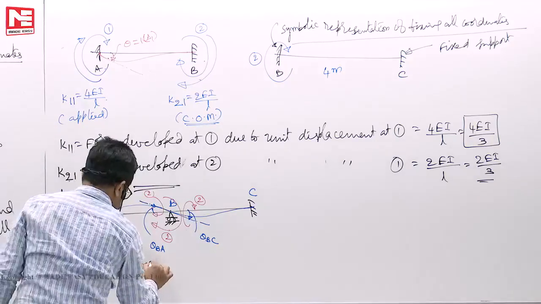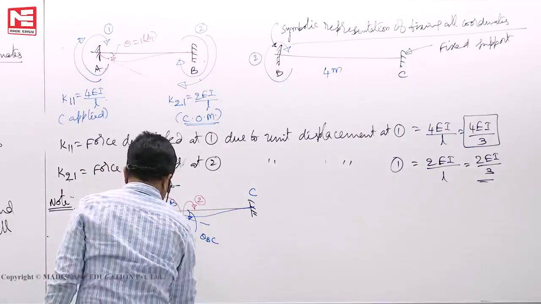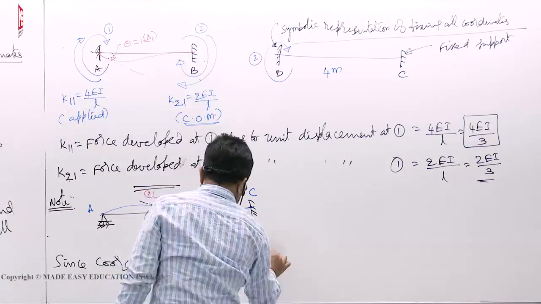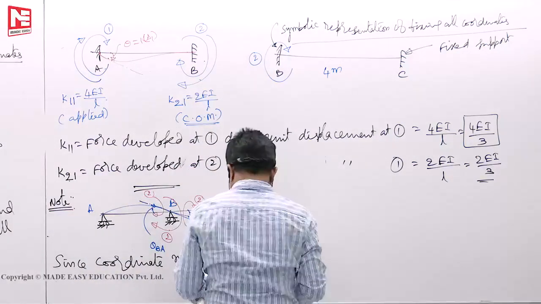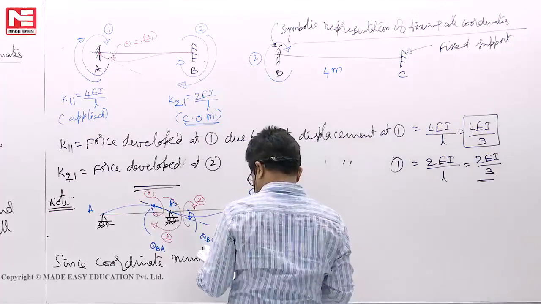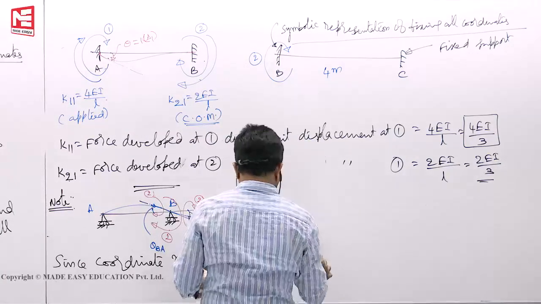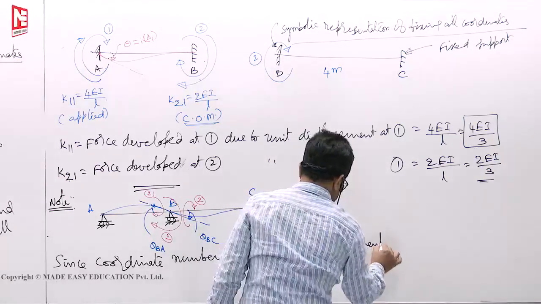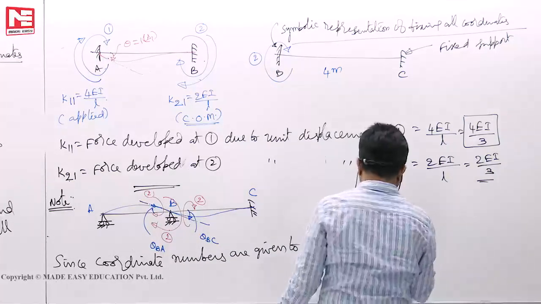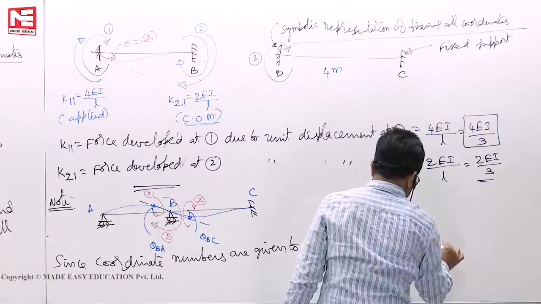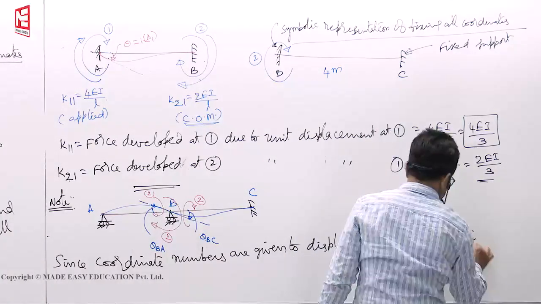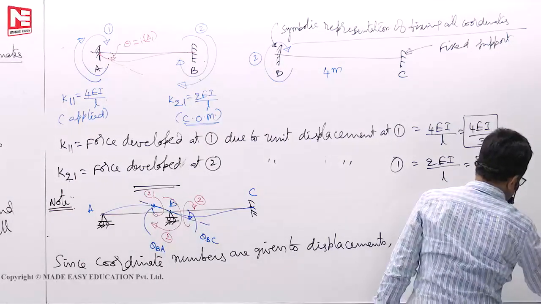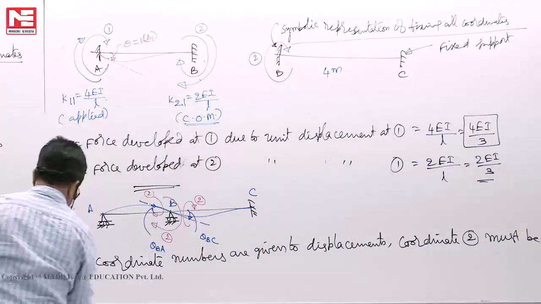Since coordinate numbers are given to displacements, coordinate 2 must be in the same direction.